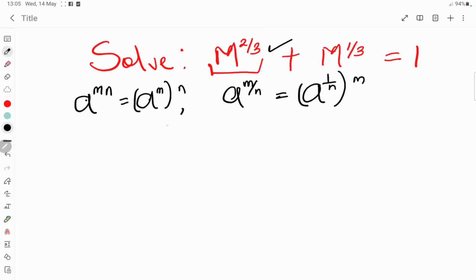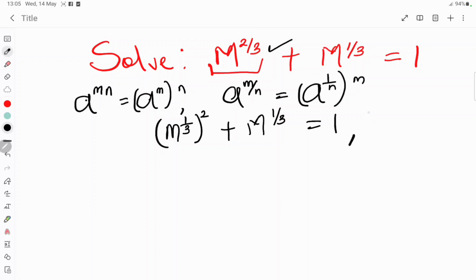So I can now write this to be m raised to power 1 over 3, then all squared, plus m raised to power 1 over 3 is equal to 1. If you agree with me on this, you can now see that this is clearly looking like a quadratic equation.